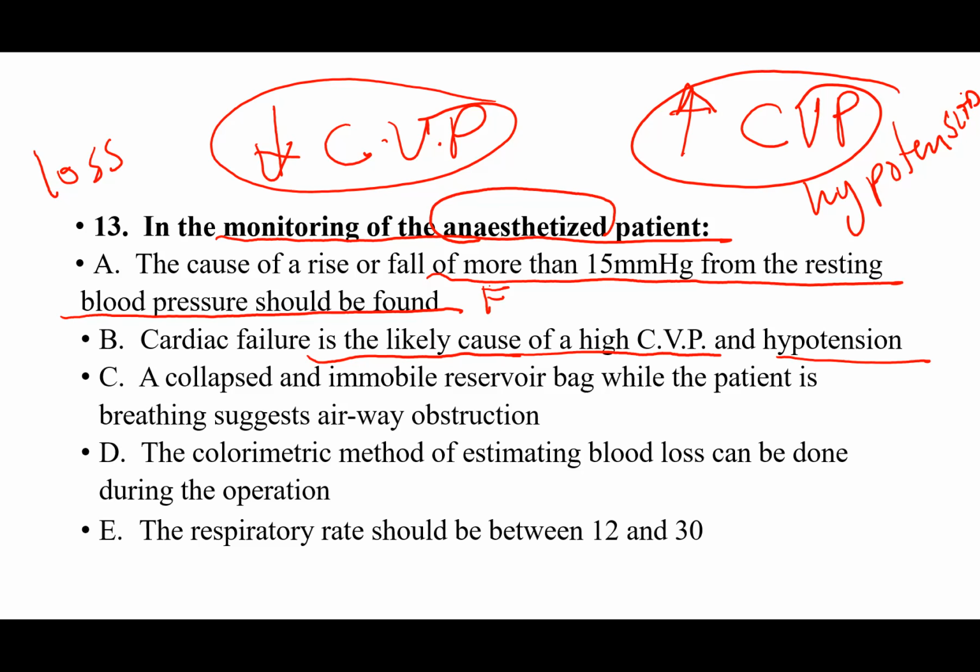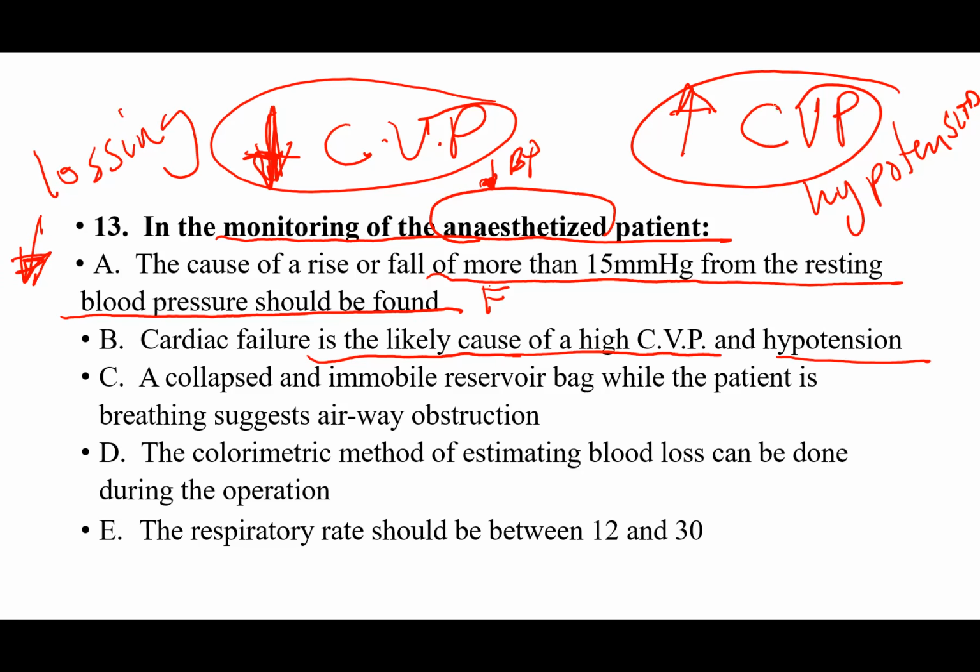Now, when the central venous pressure is low, and at the same time the blood pressure is low, it means there is no blood in that heart. It means that patient is losing blood. Is it clear?